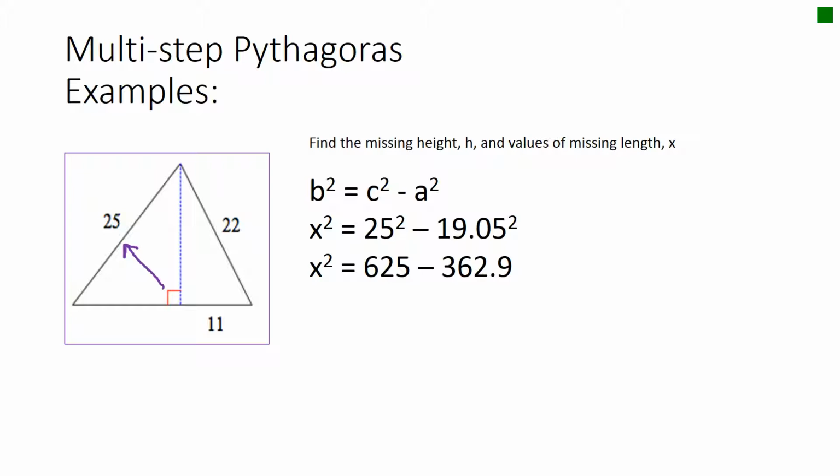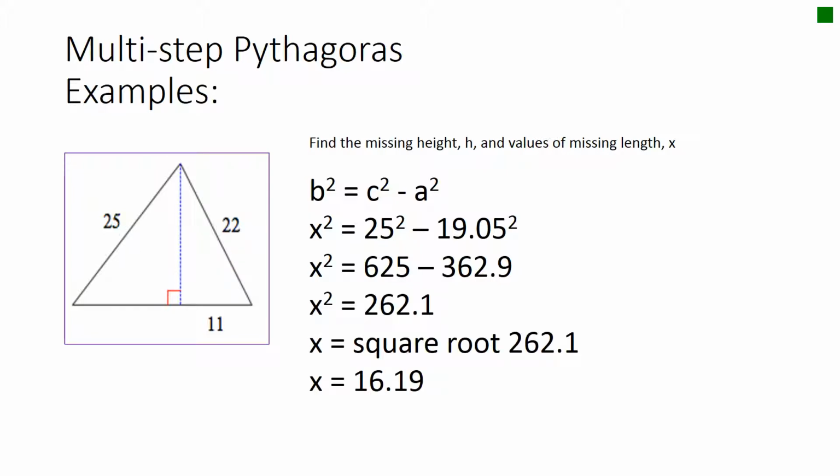So 25 squared minus the 19.05 we have for our height. And then we square them both. We get 625 minus 362.9. We square root both sides to get rid of the x squared because I just want x. And I get 16.19. So that's our x.